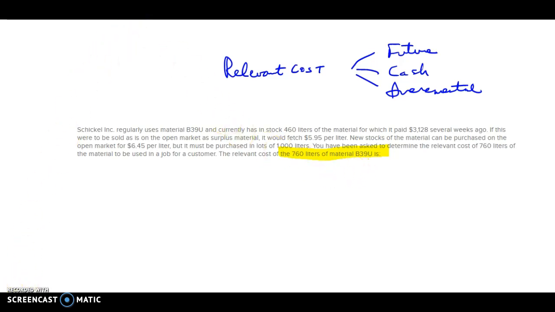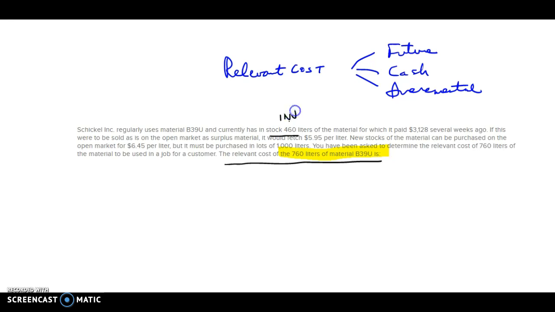So take a second, pause it, take a look at the question, and then come back to it. Okay, so the requirement of this question is, what is the relevant cost of this inventory that we have, 760 liters of B39U?